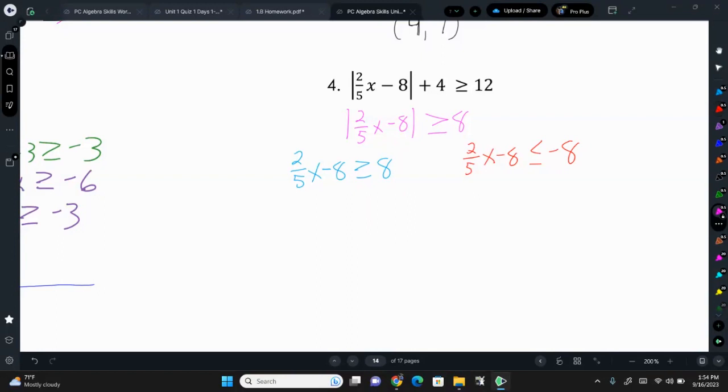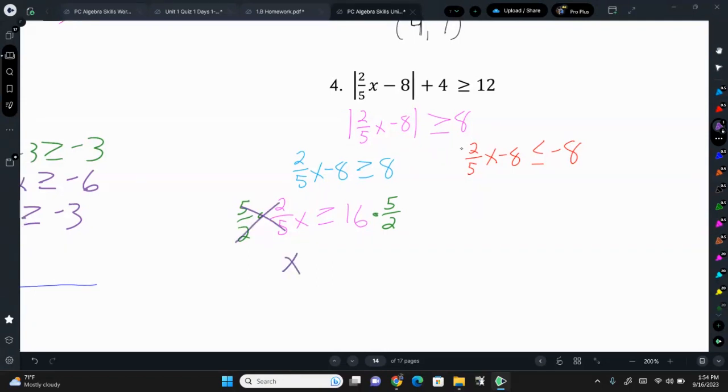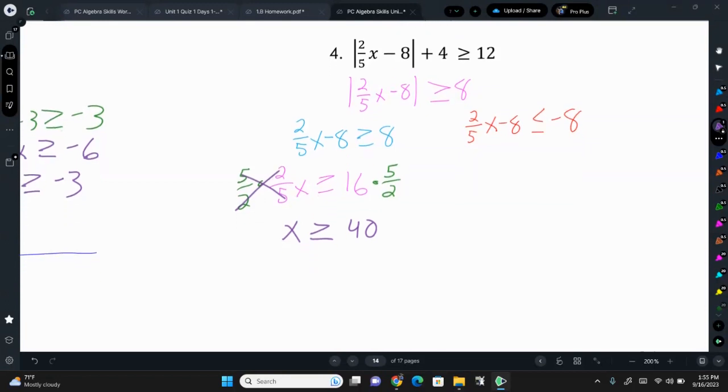Right, so then we will solve these. The blue one, add 8 to both sides, so 2 over 5x is greater than or equal to 16. Well, then we have to multiply both sides by the reciprocal, 5 over 2. And when we do that, on the left side, we get just x is greater than or equal to, and then 16 times 5 over 2 is 40 if we type that in the calculator.